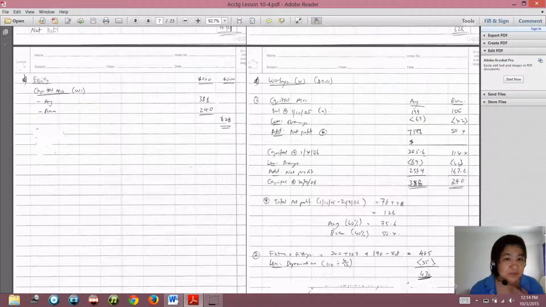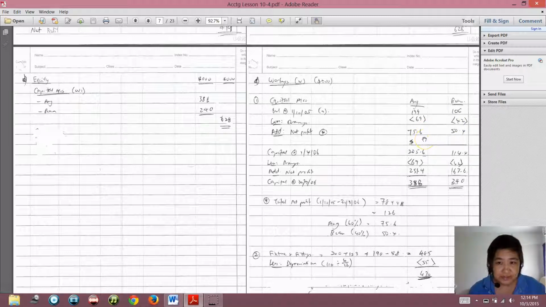So now we are supposed to find the capital at 30 September 2006. So now I'm doing a 6 monthly period first. From 1st October 2005 to 31st March 2006, they have the drawings for the 6 months, as we have calculated in part B of the answer.